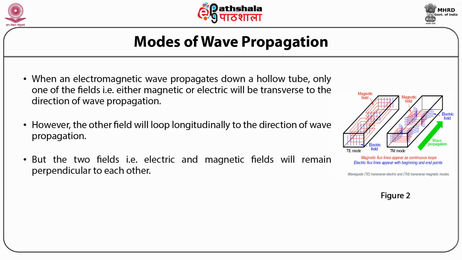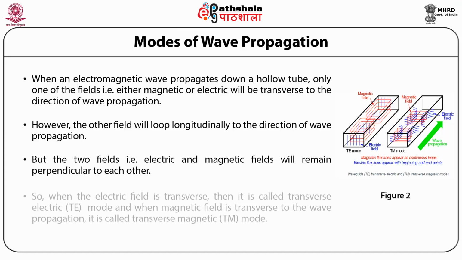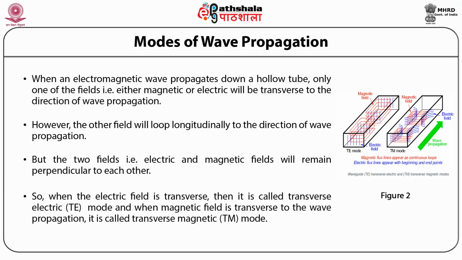But the two fields, electric and magnetic, will remain perpendicular to each other. So, when the electric field is transverse, it is called transverse electric mode, and when the magnetic field is transverse to the wave propagation, it is called transverse magnetic, that is TM mode.